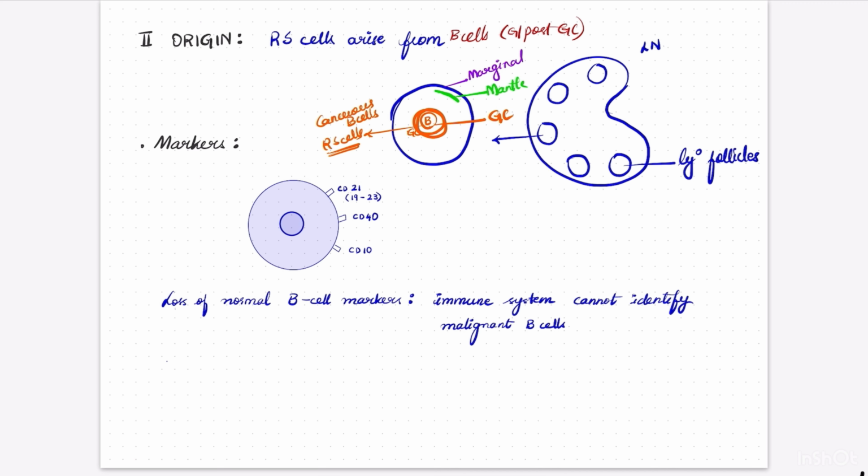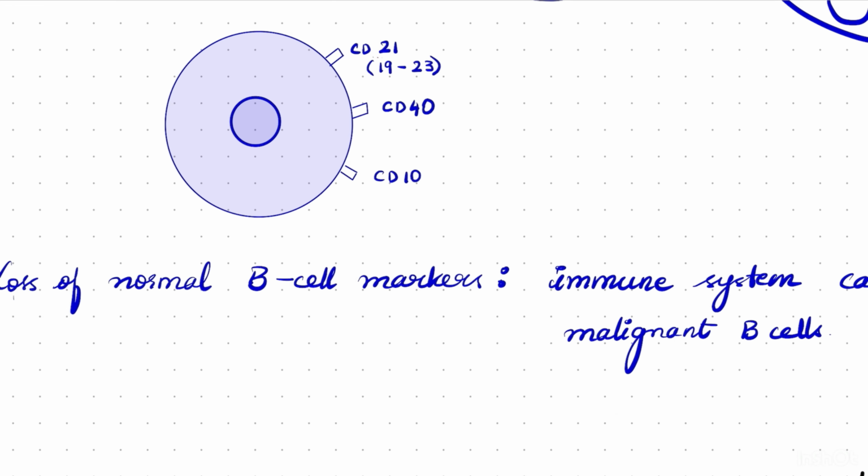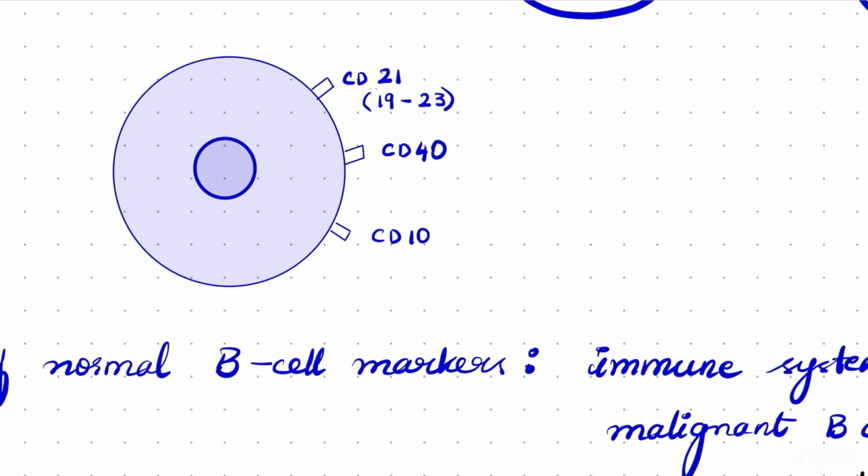Now, regarding the markers of normal B cells: normal B cells contain CD markers CD19 to 23, that means CD19, 20, 21, 22, and 23 are present. CD40 is present, CD10 is present, and CD79A is also present. These are a few normal markers.